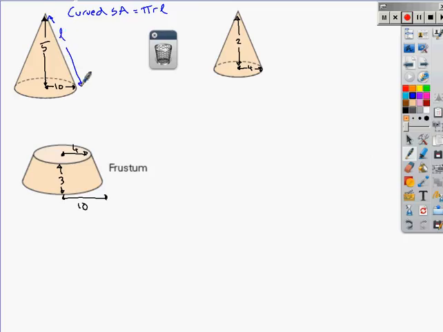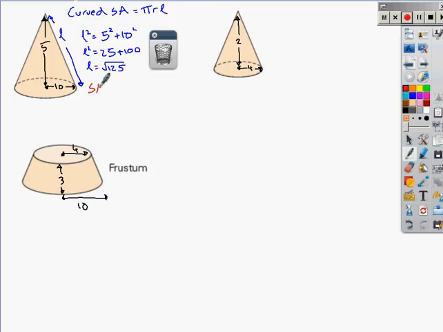Now you should remember from before, we've got a right angled triangle now, so we know that L squared is equal to 5 squared plus 10 squared, which is 25 plus 100, that's L squared, and so L is equal to the square root of 125. And I'm going to just leave it like that for the moment. So then we're going to put that into our formula.